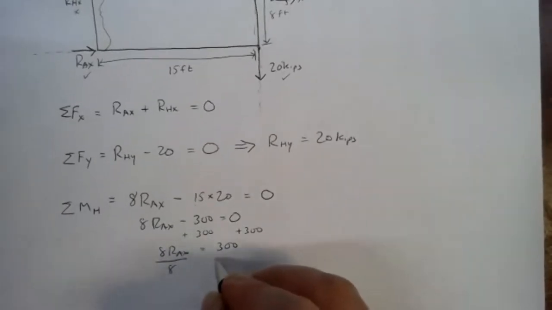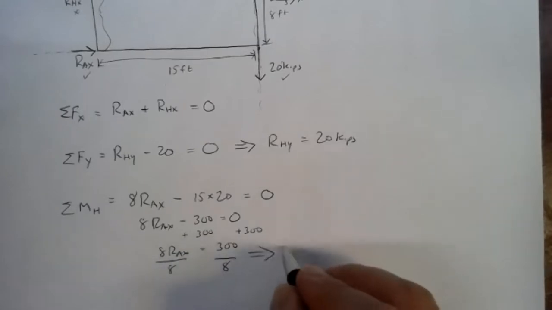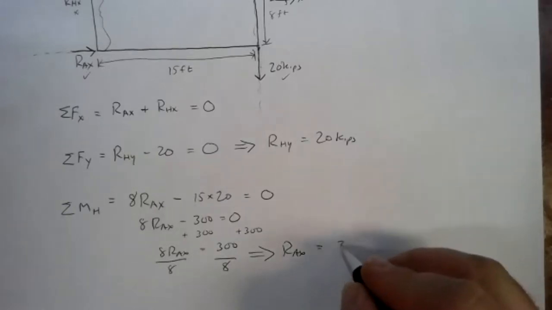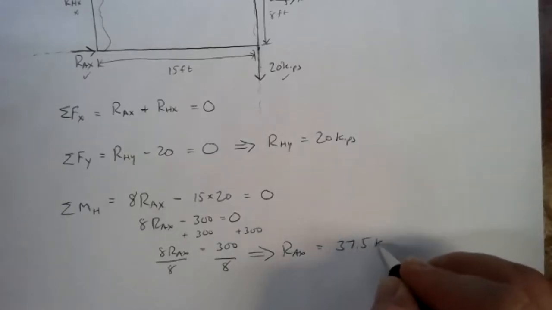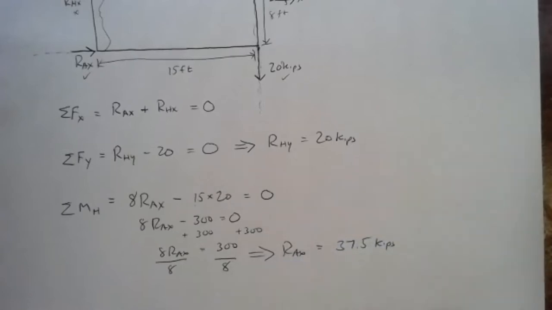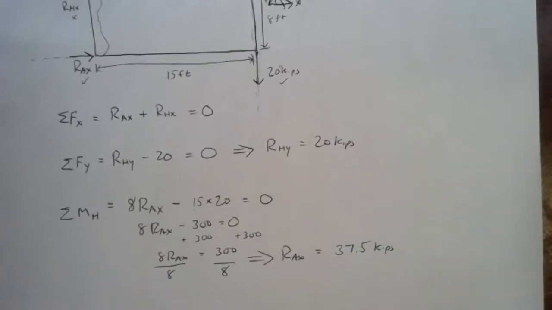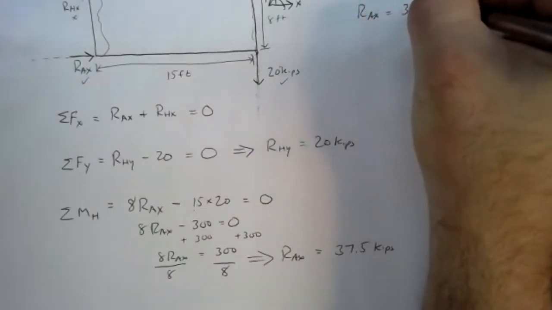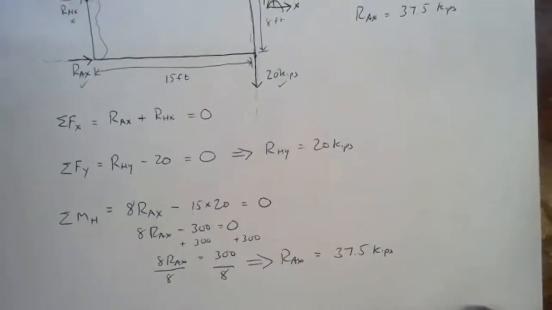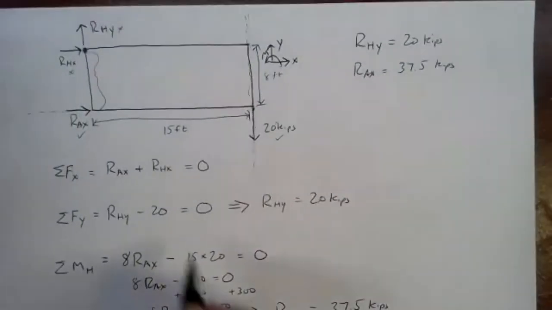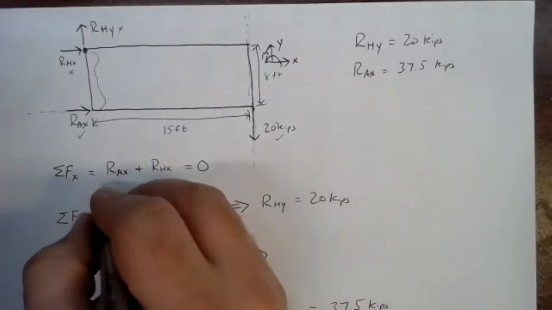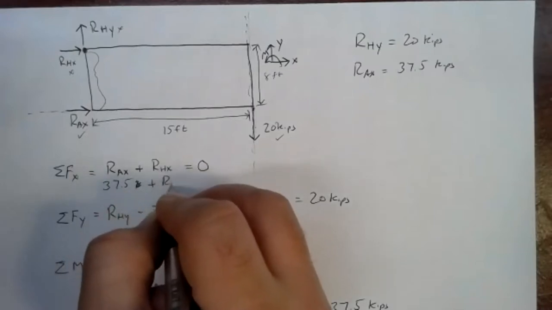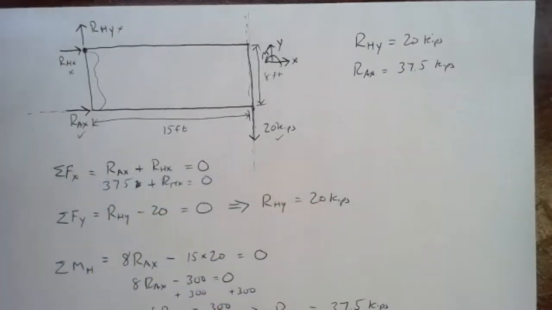Divide both sides by 8, and RAX comes out to be positive 37.5 kips. So RAX is 37.5 kips. Knowing that, we can go into our x direction equation now. We have 37.5 kips plus RHX equals 0.